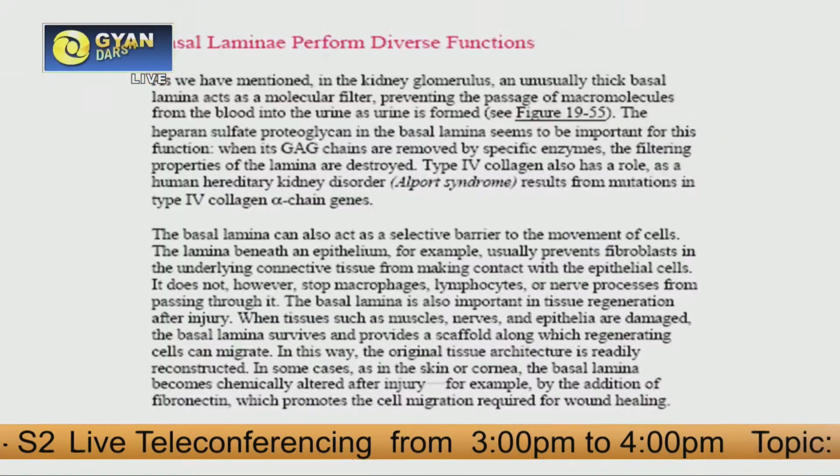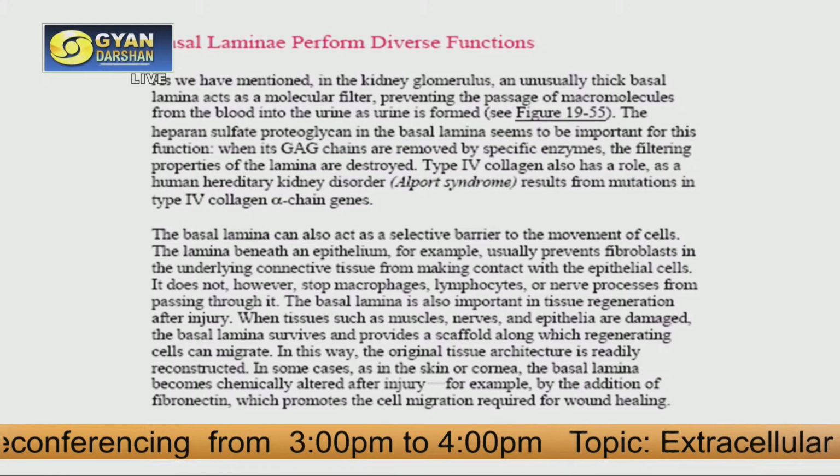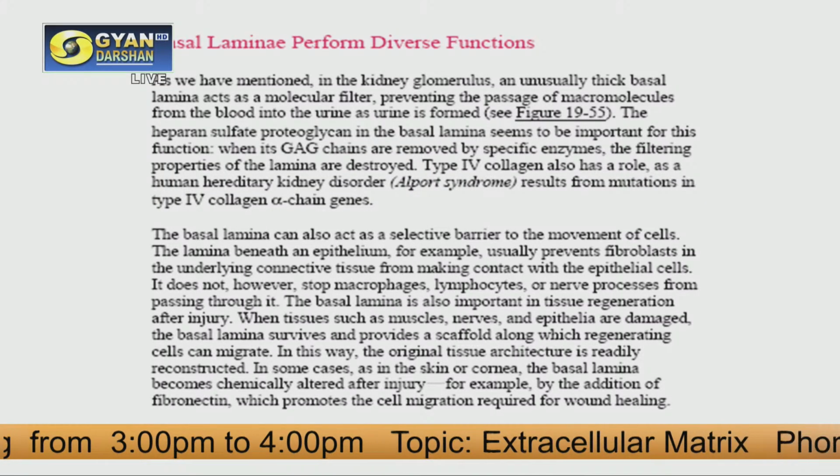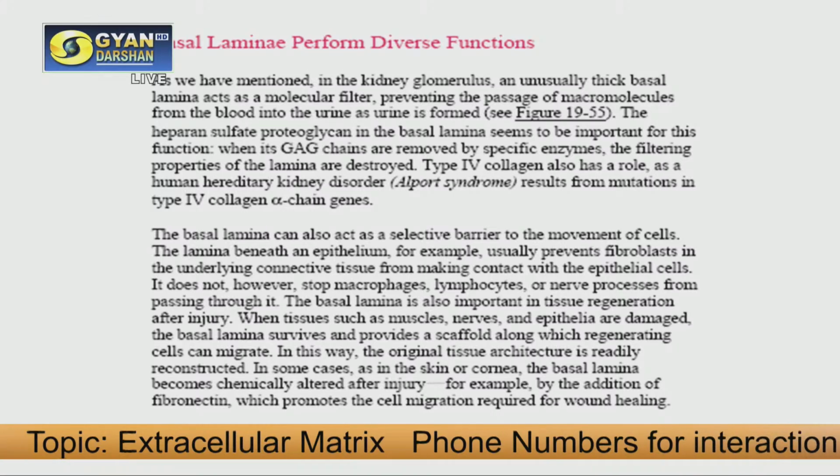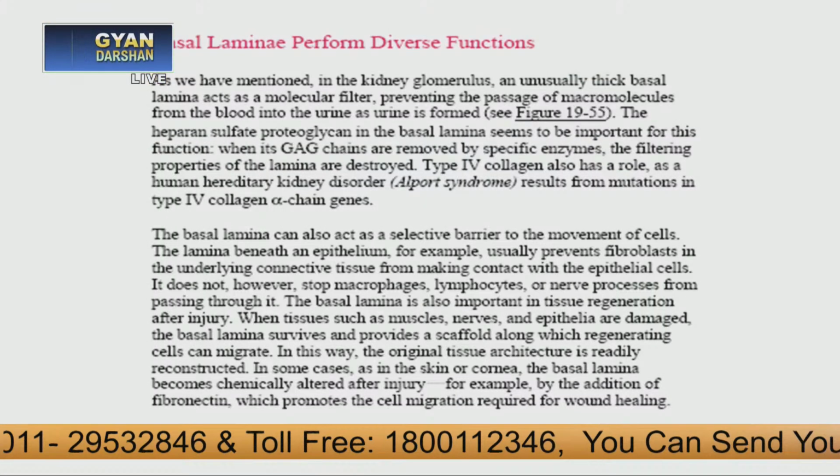As I have said, what is the function of basal lamina? One can well understand that it is a selective barrier to the movement of cells. This basal lamina is present beneath the epithelial tissue. They mainly function to prevent the fibroblasts in the underlying connective tissue from making contact with the epithelial cells.